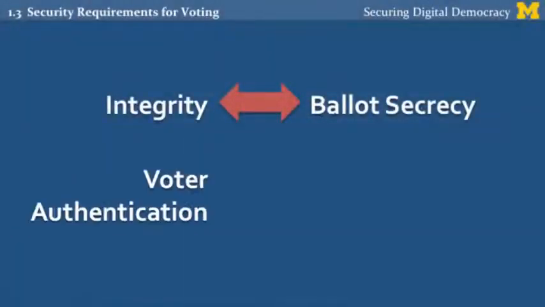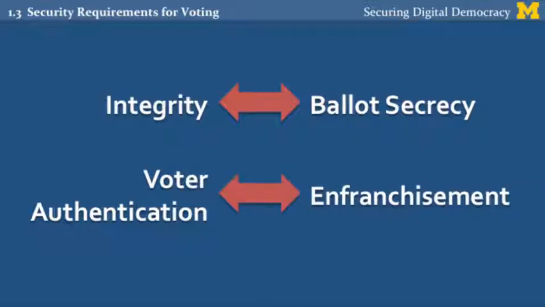Different kind of trade-off. Another example of a tension is the tension between voter authentication and enfranchisement. In order to achieve a very high level of voter authentication security, we might ask that anyone who wants to vote provide a driver's license and a passport and a fingerprint, maybe produce their birth certificate. This would help ensure that no one who was not who they claimed to be could vote.